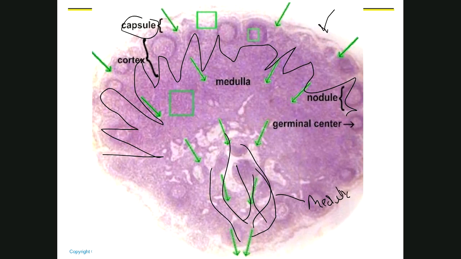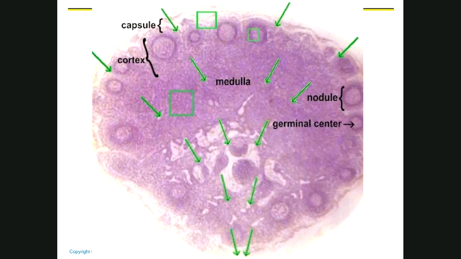Well, if you look at this picture, what you see are tons and tons and tons of little purple dots. Every single one of those little purple dots is the nucleus of a white blood cell. So how many white blood cells do you think are in this one lymph node?